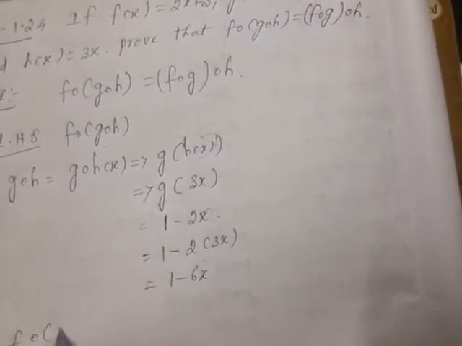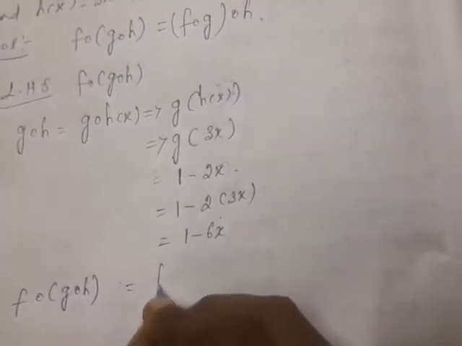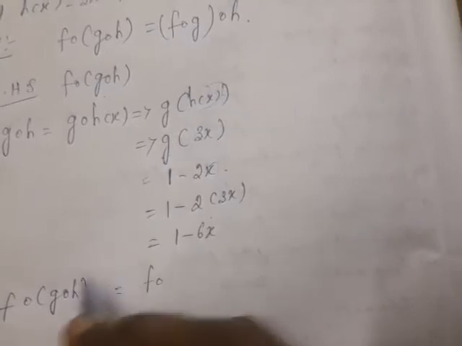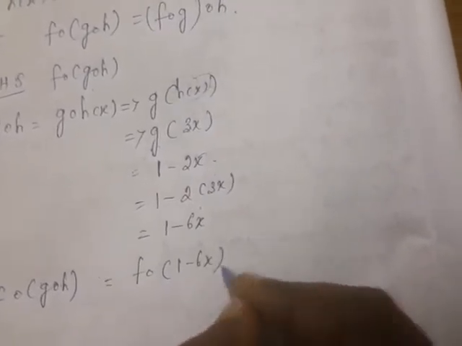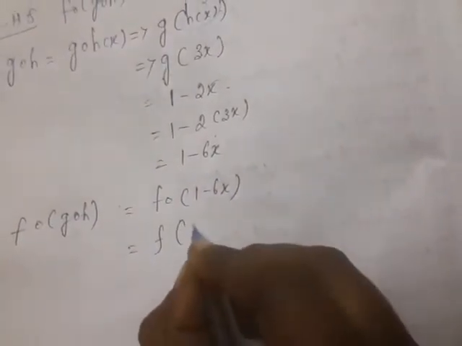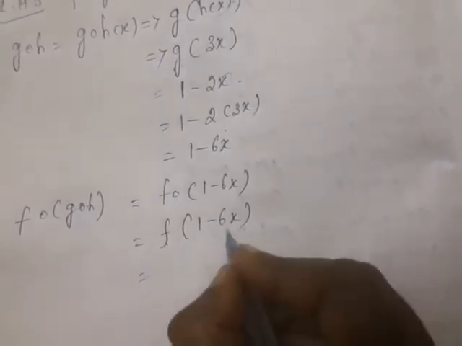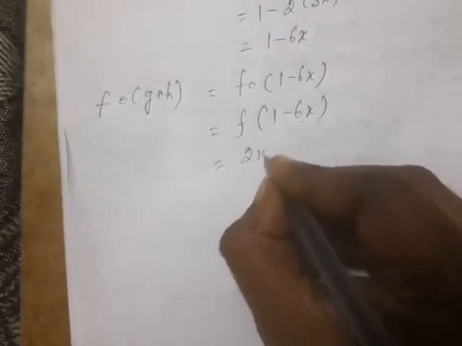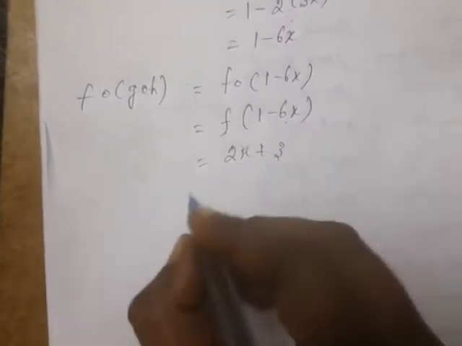Now what we have to find is f composite (g composite h). Its value is 1 minus 6x, so this means f of 1 minus 6x. F of x is 2x plus 3, so instead of x I substitute 1 minus 6x.